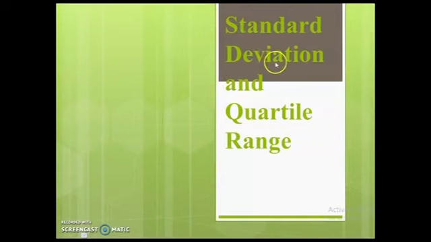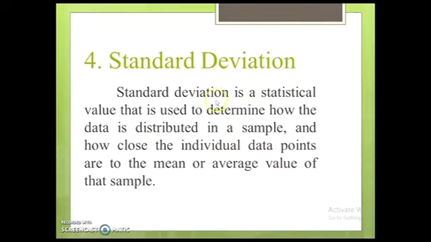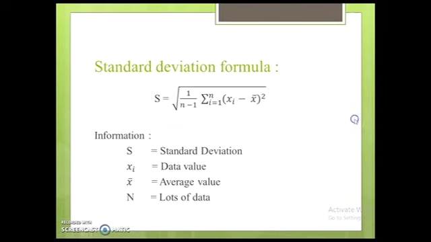Okay, next: standard deviation and quartile range. Standard deviation is a statistical value that is used to determine how the data is distributed in a sample and how close the individual data points are to the mean or reference value of the sample.